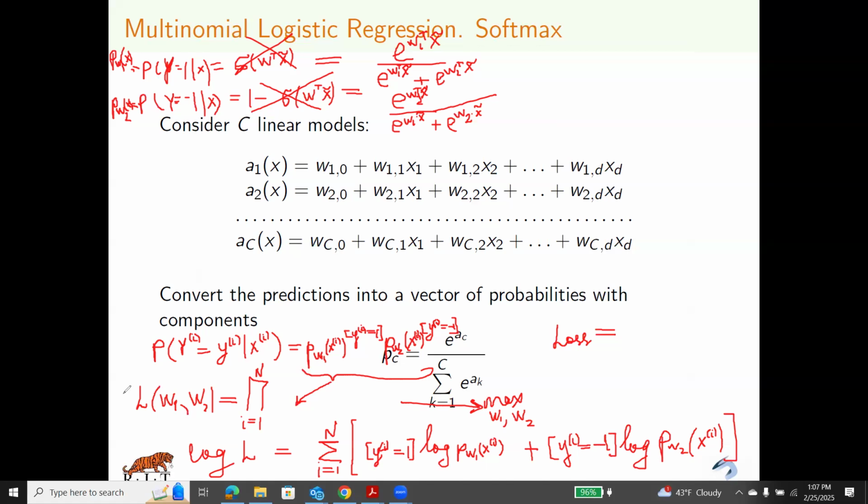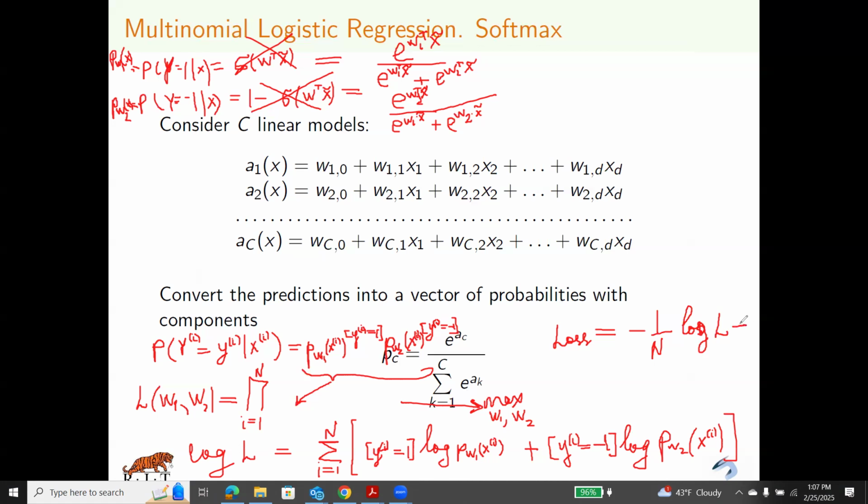So it's a negative. We also add factor 1 over n times the log likelihood. And just substitute instead of log likelihood this expression, log of L.